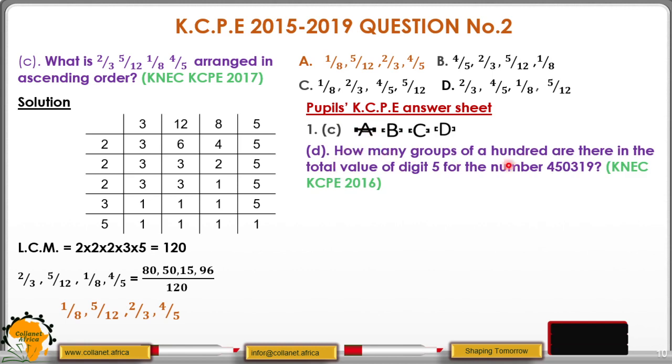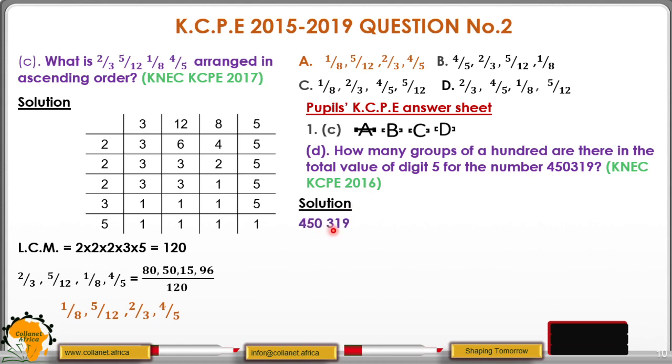How many groups of 100 are there in the total value of digit 5 of the number 450,319, according to Kenya National Examination Council KCPE question 2, the year 2016. Solution.